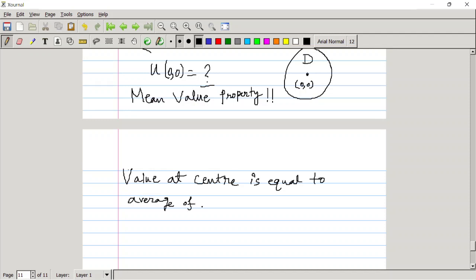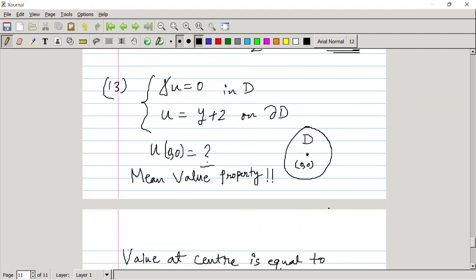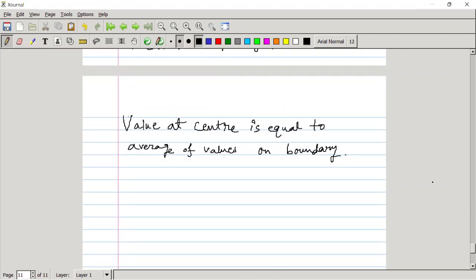The average of values on the boundary. That's why only the boundary value of U, y plus 2, has been given.